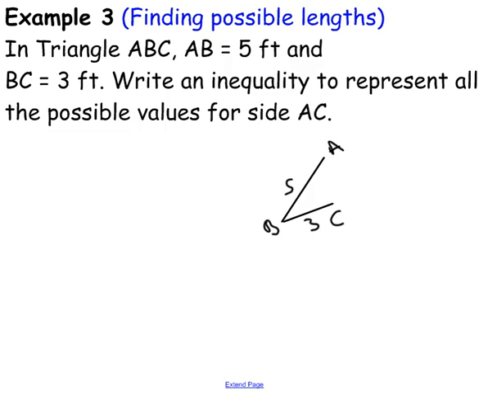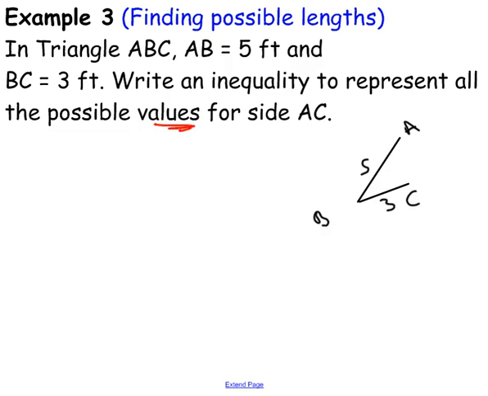And we're being asked to find the possible values for AC. Now, this is important. Values is plural, meaning that there is more than one possibility for the side AC. And you'll see why in a second.